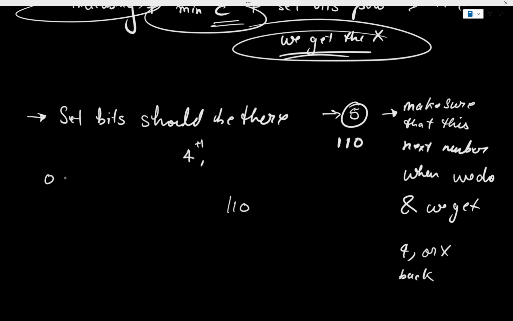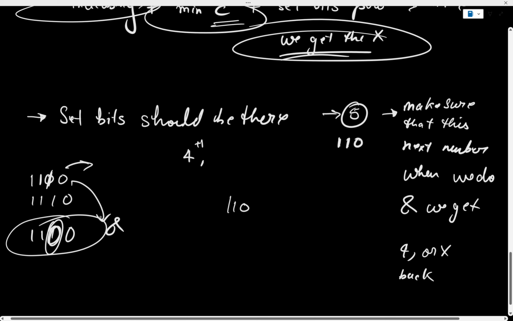For example, some hypothetical example, our next number looks something like this, and our hypothetical X requires this at the third position. So we can always ensure that we add this. If we add this, it automatically gets a set bit there, and when we do AND afterwards, we'll get this again, we'll get the required thing.